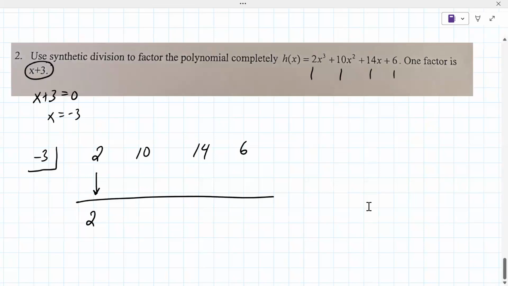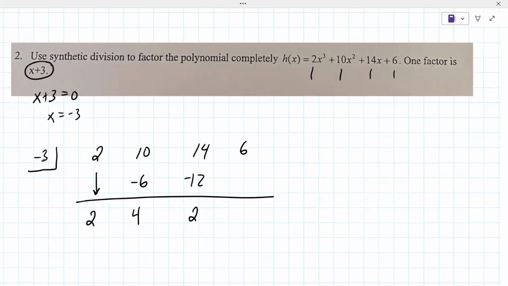Okay, and then you take that number 2 and multiply it by the number in the box. So that becomes negative 6. 10 minus 6 is positive 4. You take that 4 and multiply by the number in the box, that's minus 12.